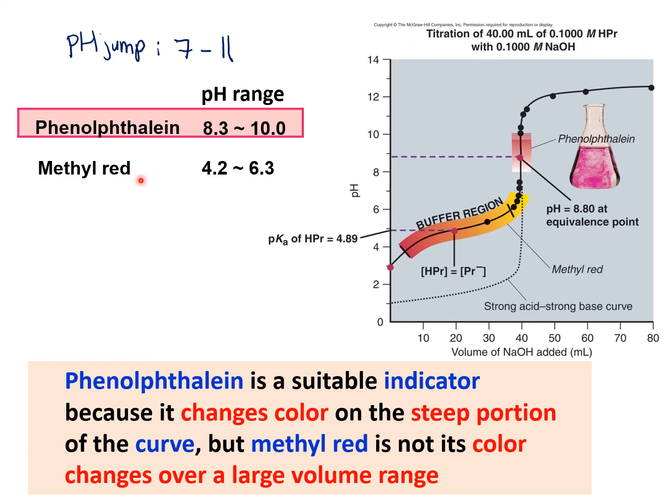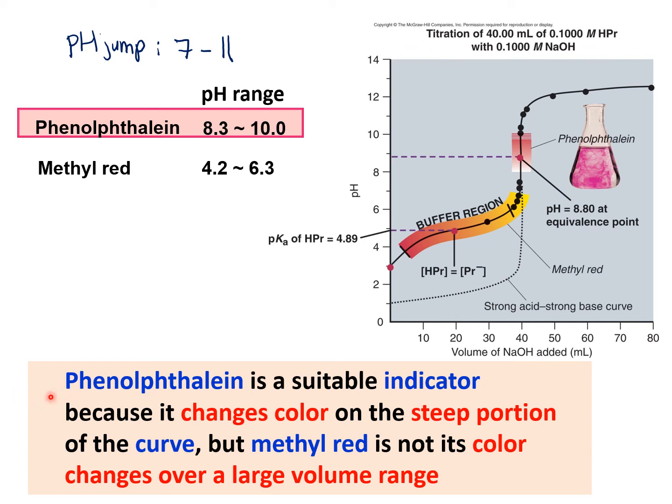But for methyl red, the indicator will change colour before the endpoint. Endpoint awak berdasarkan kita punya pH jump lah. So bila dia bertukar sebelum, it cannot tell us the accurate endpoint. Equivalent point kita tahu, kita boleh kira, tapi endpoint yang kita nak nampak dengan mata kita. So that's why methyl red is not a suitable indicator.